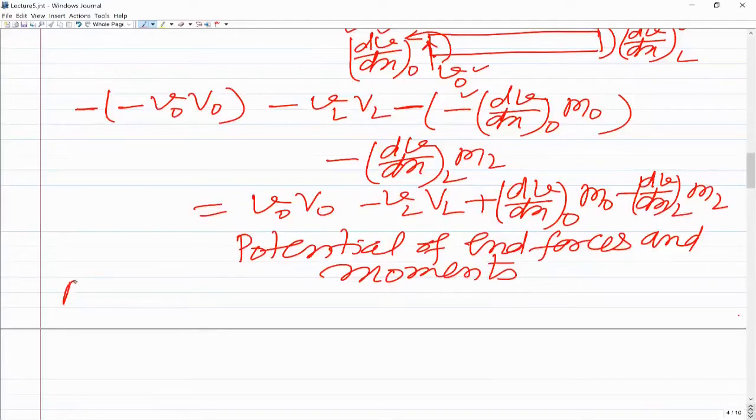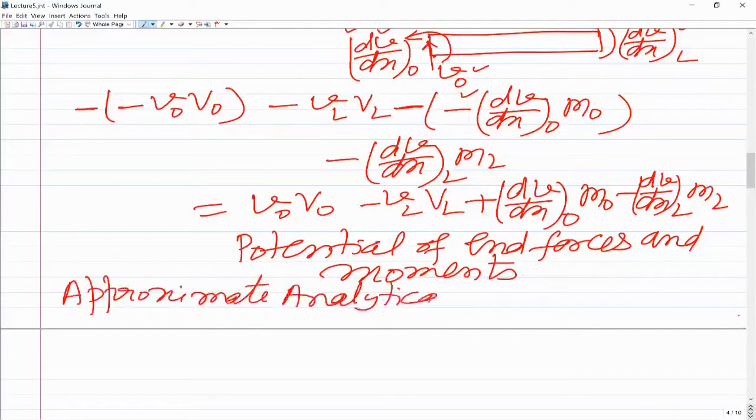So what we do here is the approximate analytical solution using what is known as Rayleigh's method.